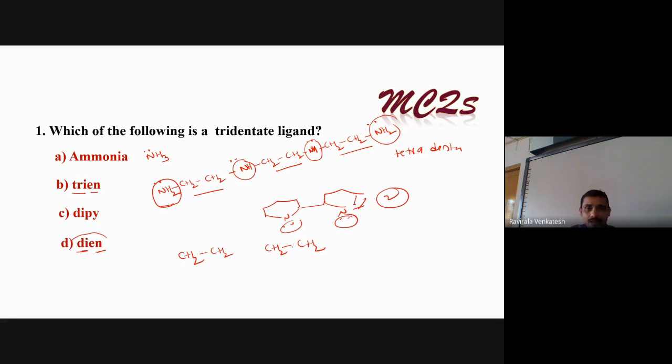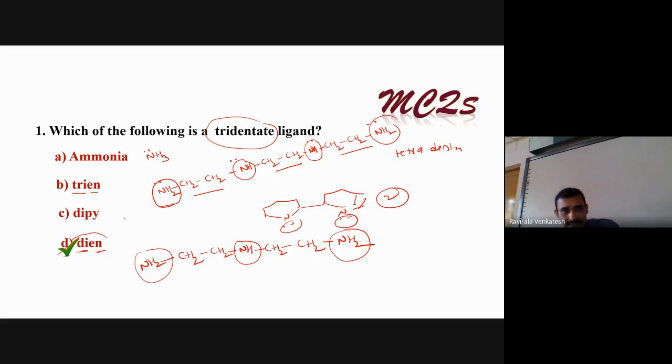Next, put terminal NH2, again terminal NH2, and in the middle put NH. Now how many? 1, 2, 3. Therefore, tridentate ligand. The answer is dien, isn't it?